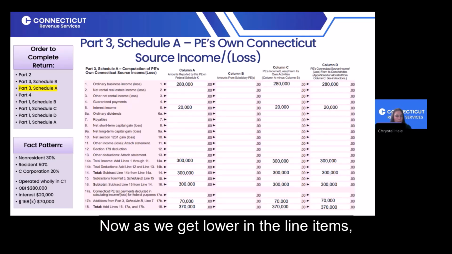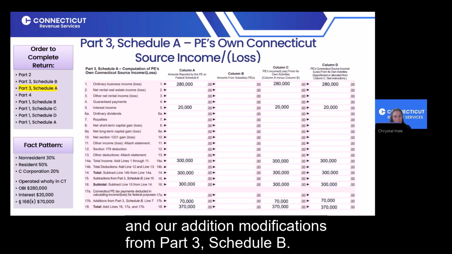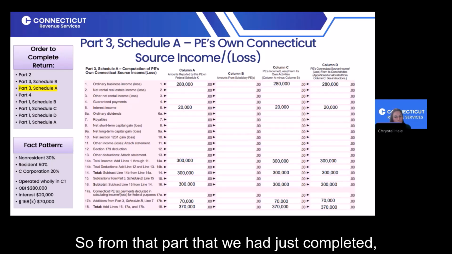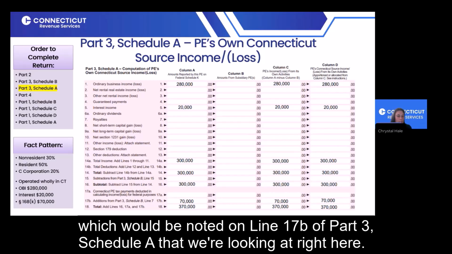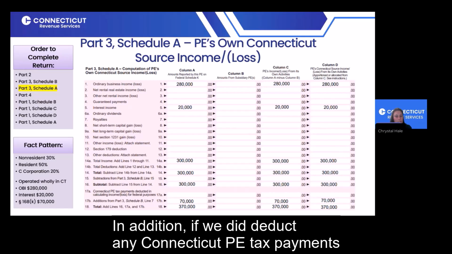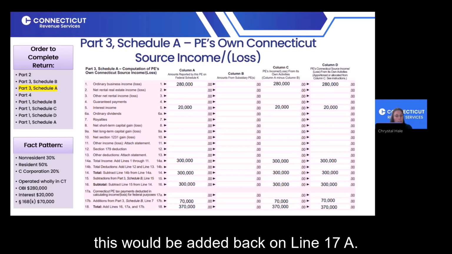Now, as we get lower in the line items, we also have our subtraction modifications from Part 3, Schedule B, and our addition modifications from Part 3, Schedule B. So from that part that we had just completed, we did have that bonus depreciation modification of $70,000, which would be noted on line 17B of Part 3, Schedule A. In addition, if we did deduct any Connecticut PE tax payments in determining our ordinary business income, this would be added back on line 17A.